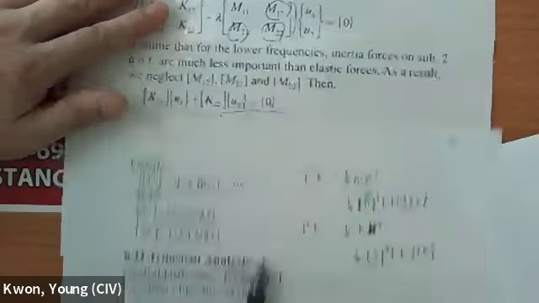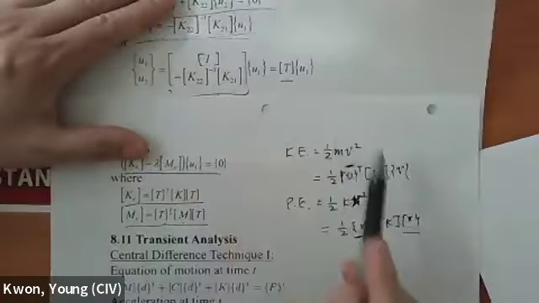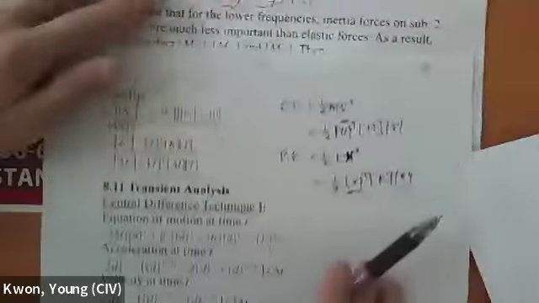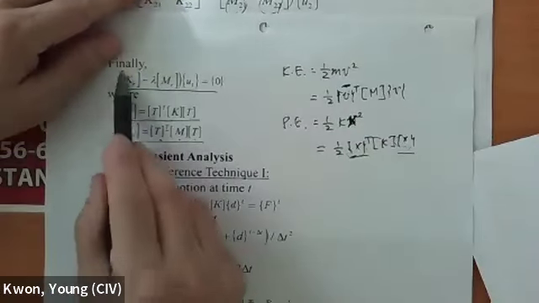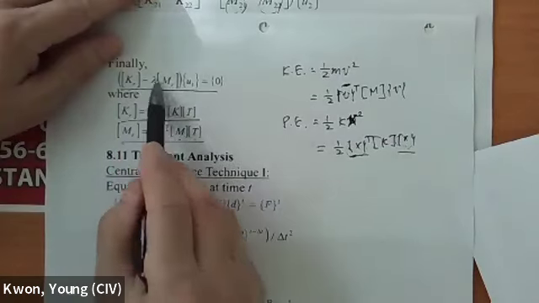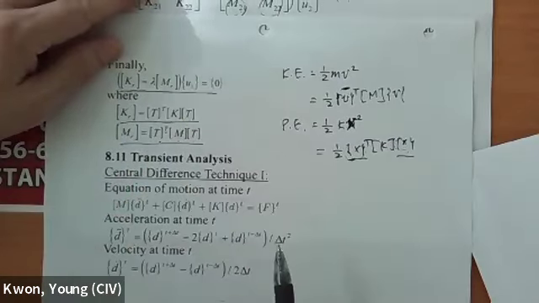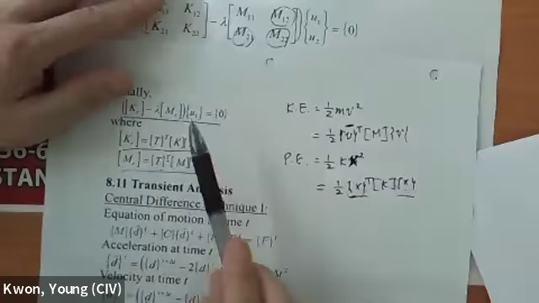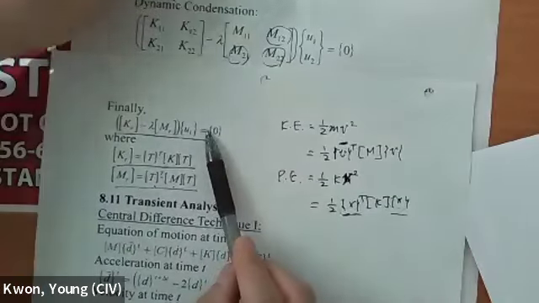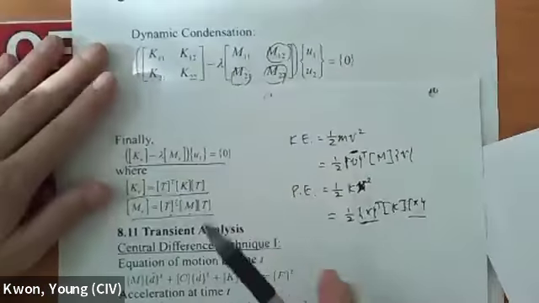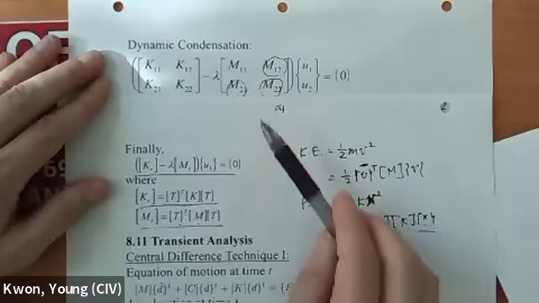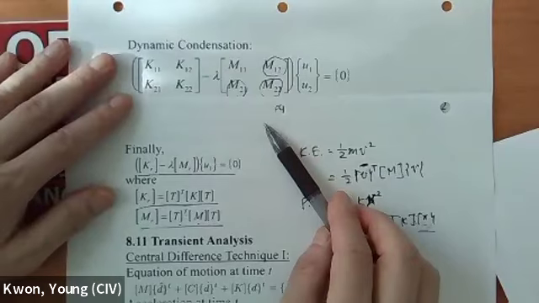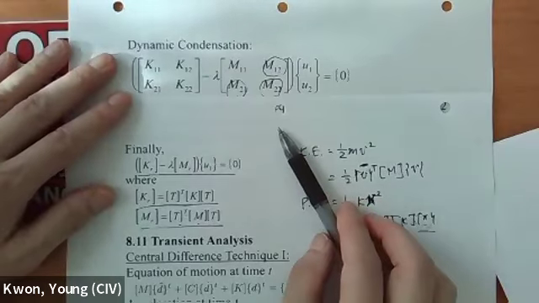If you plug this expression into here, you come up with this one. So eventually the bottom line is that that's the reduced stiffness matrix, and that's the reduced mass matrix. This is useful when you have some computational limitation solving the eigenvalue problem. But again, these days this is less popular, okay, compared to some years ago.